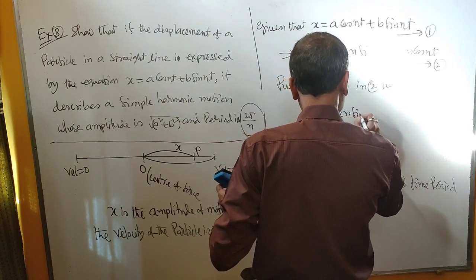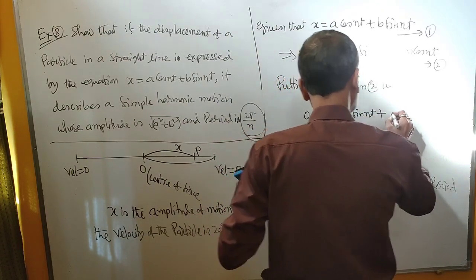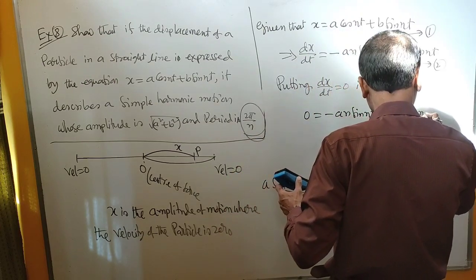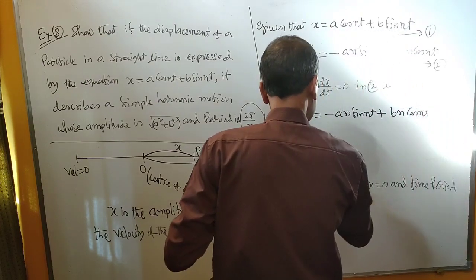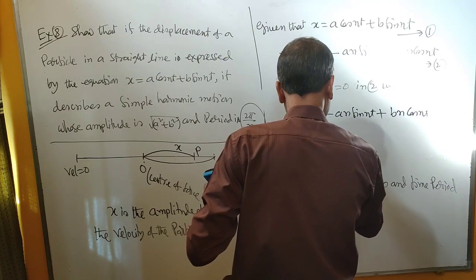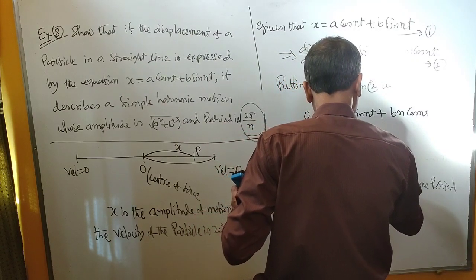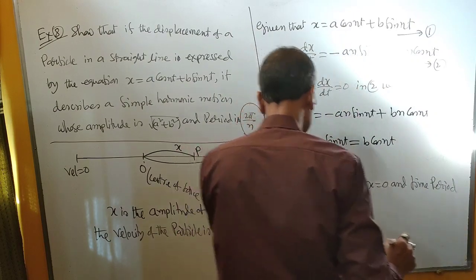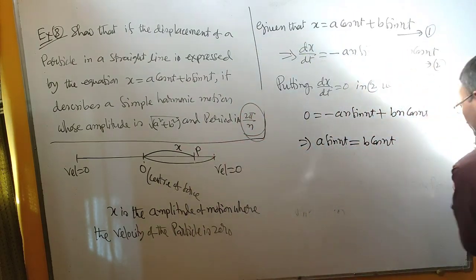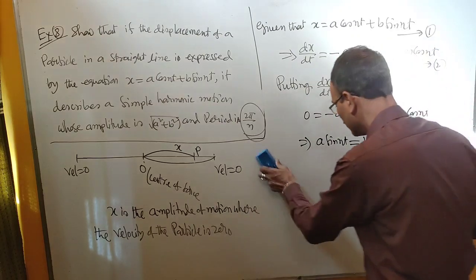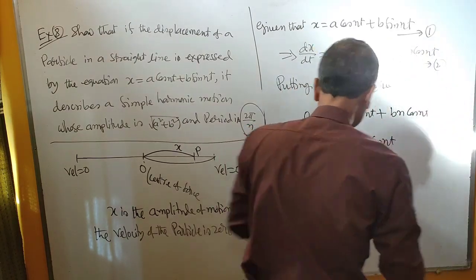Minus a n sin n t plus b n cos n t equals 0. This means n will be cancelled. A sin n t equals b cos n t.